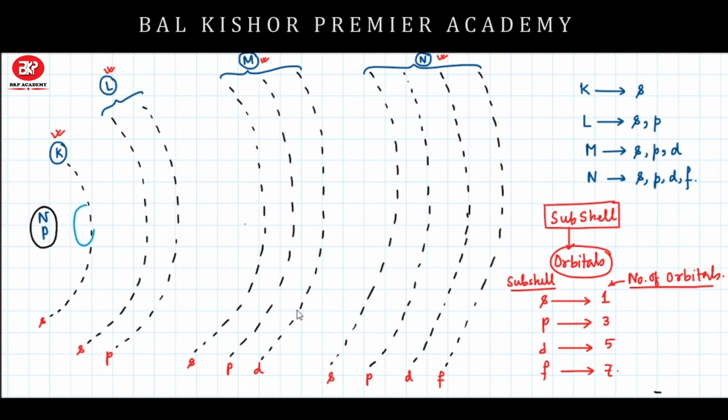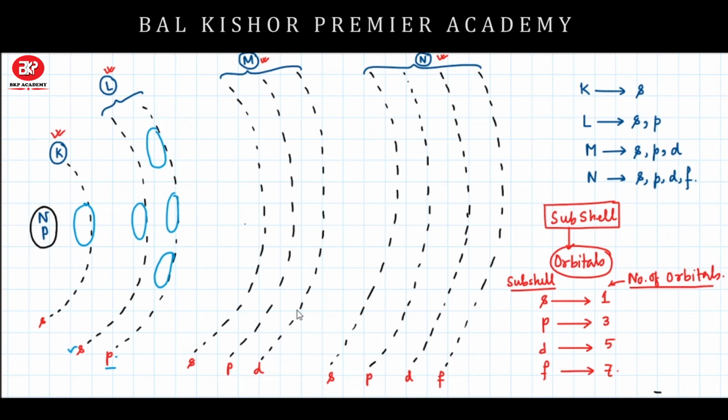This is the orbital in the S subcell. Similarly here, for this S I can have only one. For the P we will have three orbitals. So let us denote the orbitals like this. This is the first orbital, this is the second orbital, and this is the third orbital.